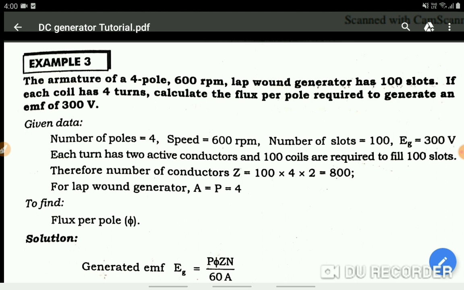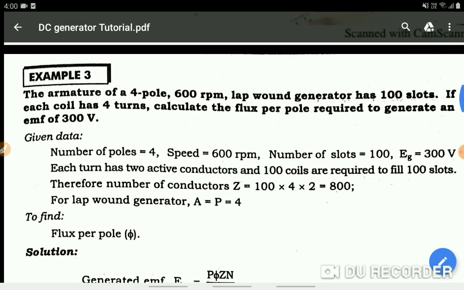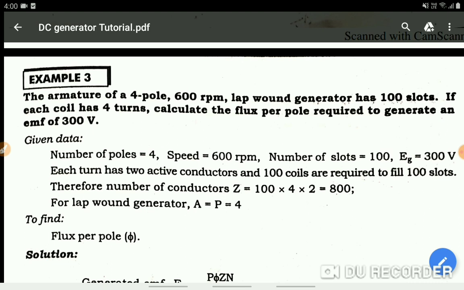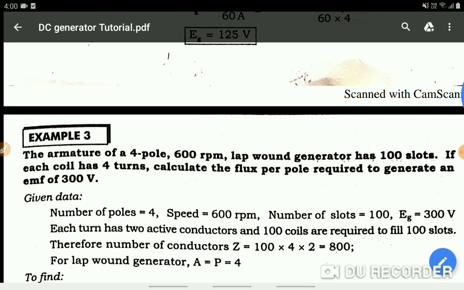In this video I will just explain the problem and the details given, and with this you have to work it out yourself, with mere substitution and calculations. Let us get into example 3 with an explanation.